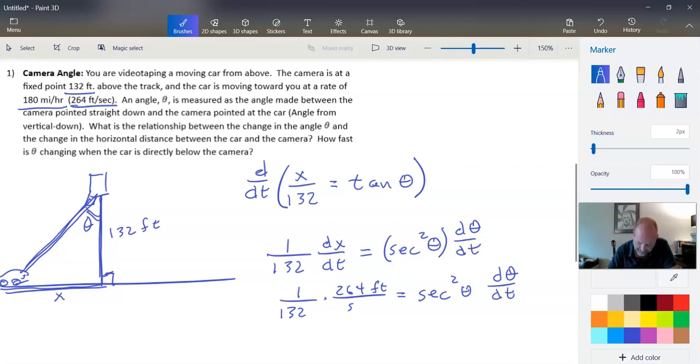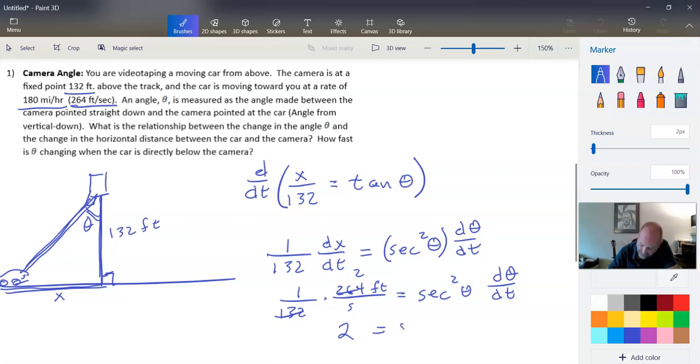Okay, if we go ahead and simplify this, I don't know if you noticed, but 264 is 132 times 2. And this is just seconds. So really what we're talking about is 2 feet per second. Actually, I'm just going to not bother with the units for the moment.